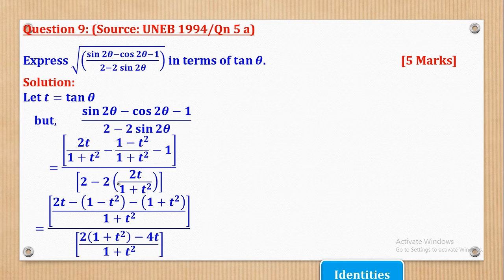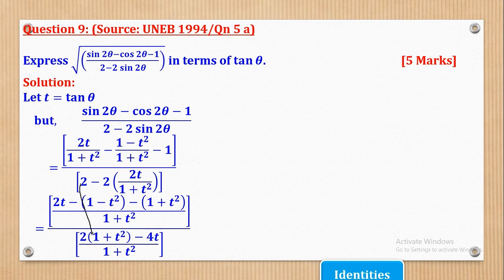But when we come to 1, this divided by 1 is 1, then times this one gives you 1 plus t squared. Remember to use brackets. That was the numerator. Now the denominator, LCM is still 1 plus t squared. So 1 plus t squared divided by 1 times 2, you come up with this.